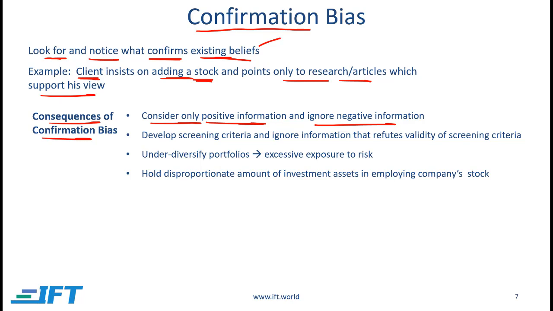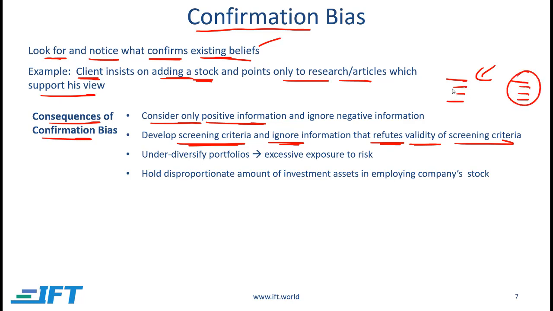Another consequence is that if we develop screening criteria, so this is criteria based on which we select investments, and in developing this criteria, we ignore information that refutes the validity of the screening criteria. So we might come up with criteria, but if there is a problem with this criteria and there is information that suggests what's wrong with it, we just ignore this other information.